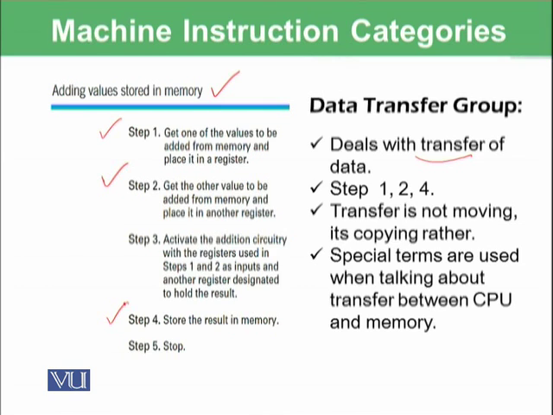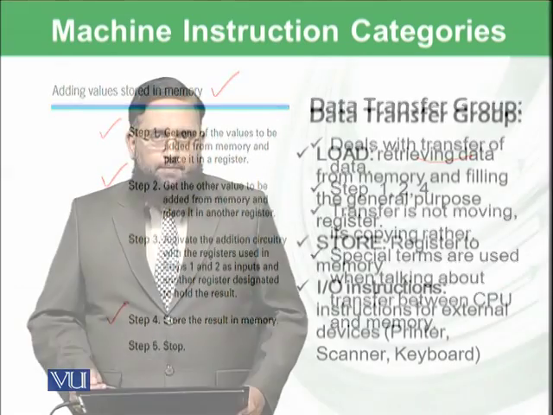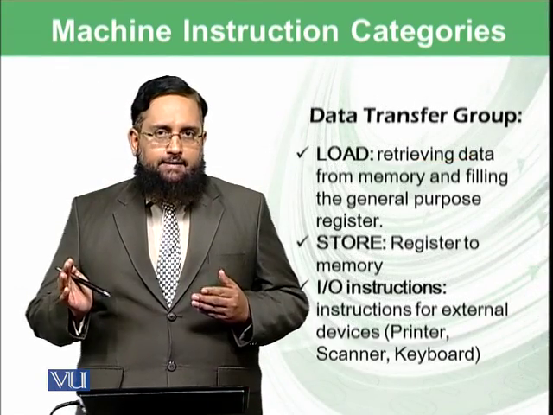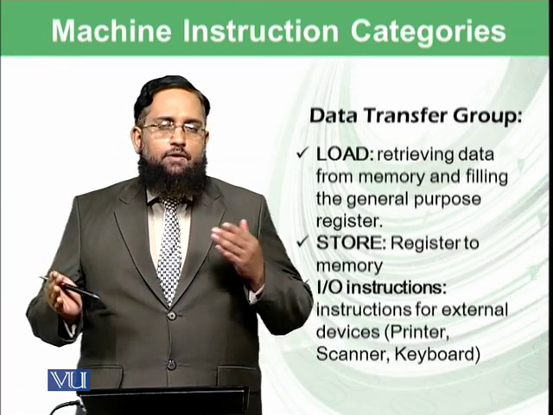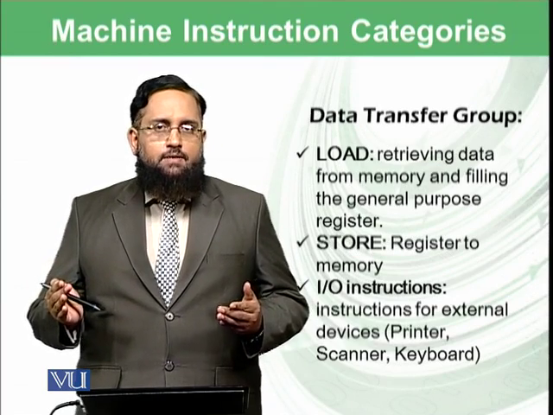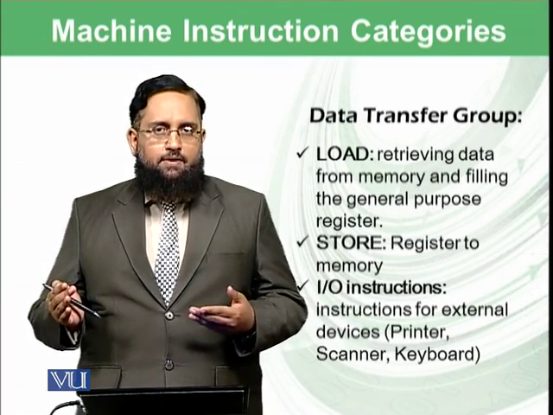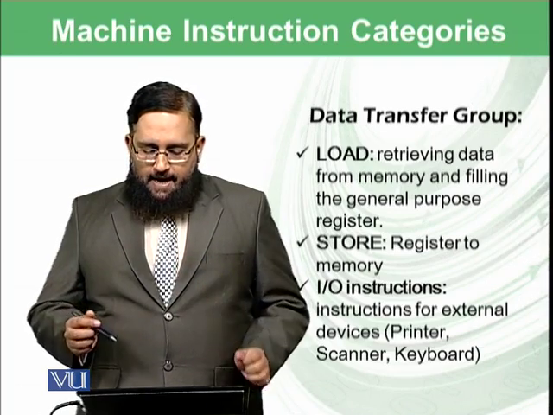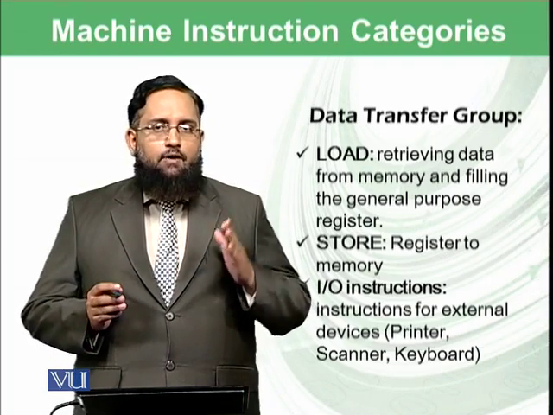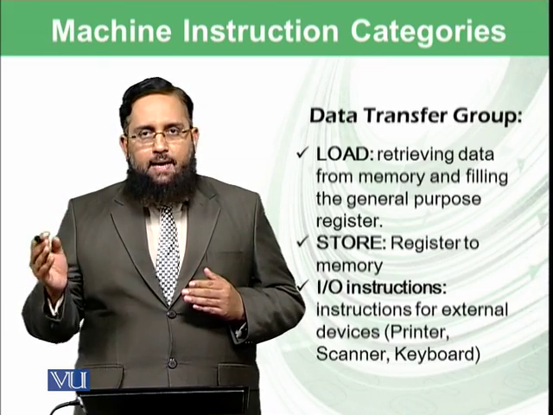And then special terms are used when talking about transfer between CPU and memory. Let's see what those are. One is called load. Load is getting data from main memory into the register. That was the first step within the previous algorithm. Then store is storing data from a register to the main memory.